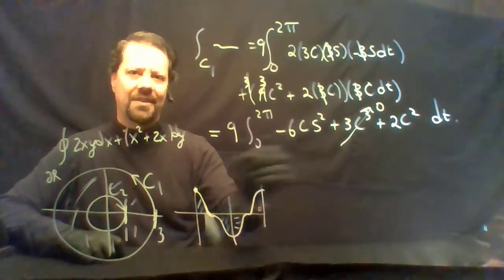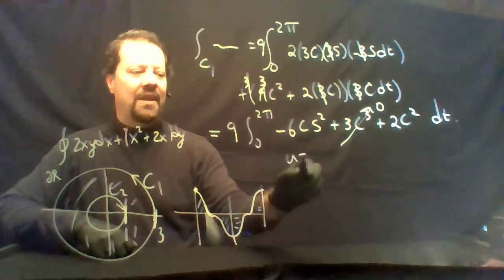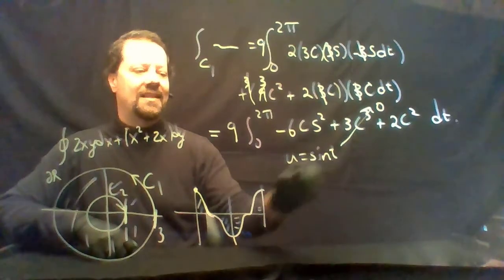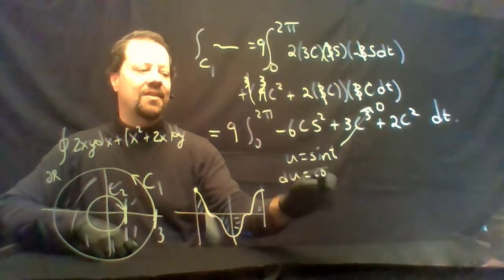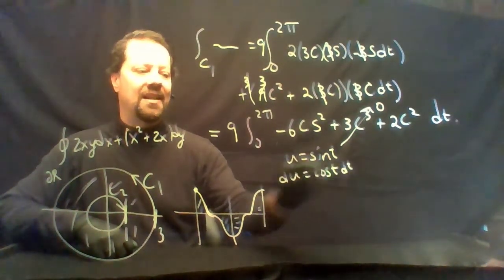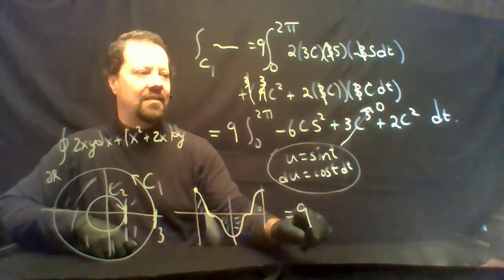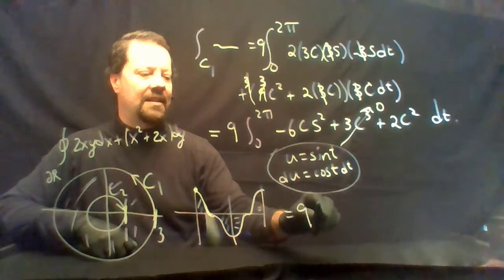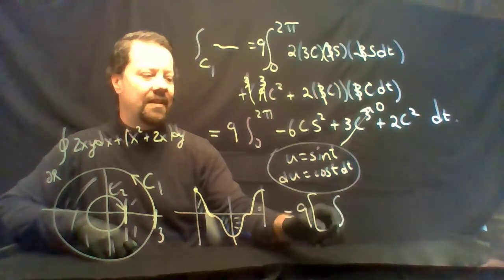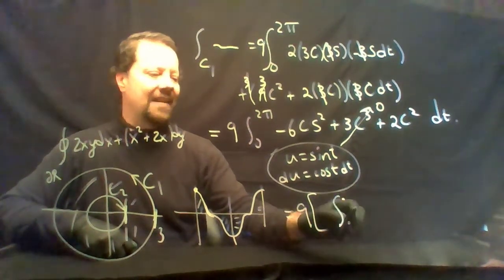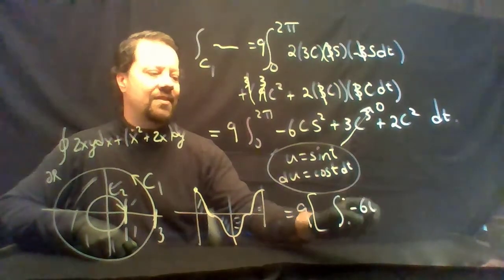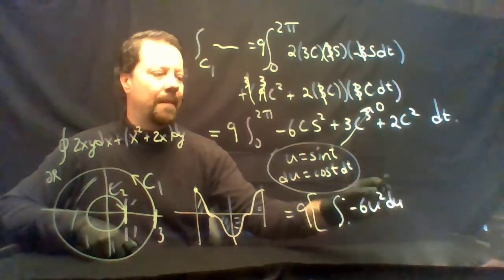What happens for the first term? U equals sine t, so that du is cosine t dt. If you do that, you'll have 9 times the integral from 0 to 0 of -6u squared du.